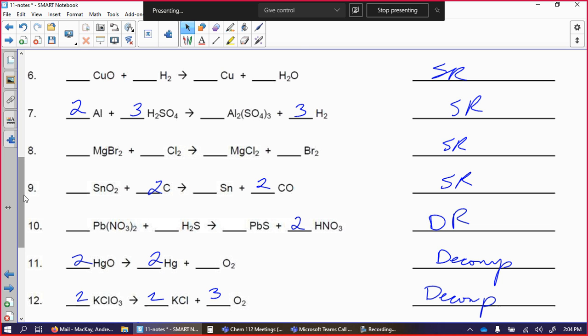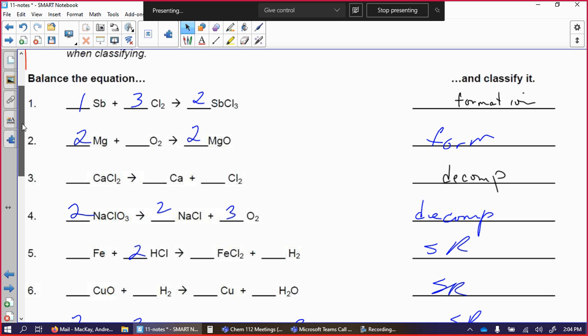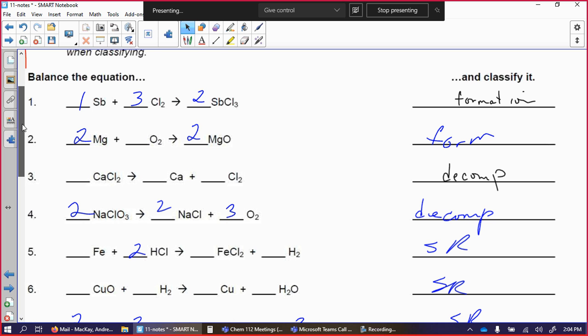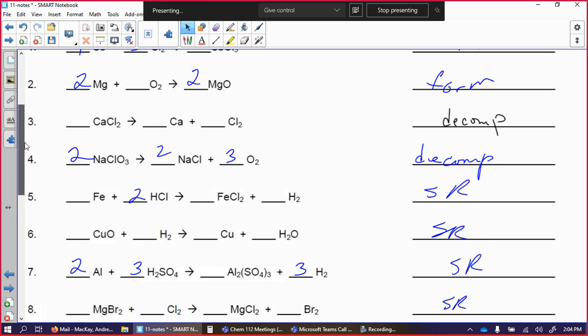I asked you to go through these, which, Friday afternoon was a bit chaotic, so I didn't get this looked at until this morning, and I will put them all up there. None of the equations were super complex in terms of balancing.